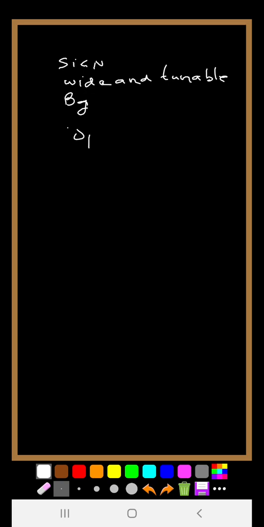The other properties of SiCN are that SiCN has got a wide and tunable band gap, which gives it some optoelectronic properties as well.